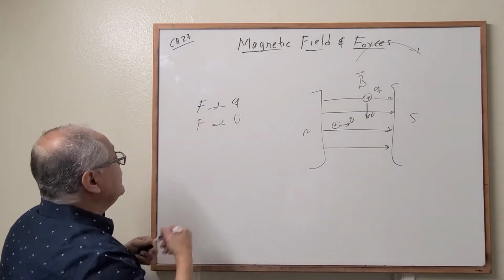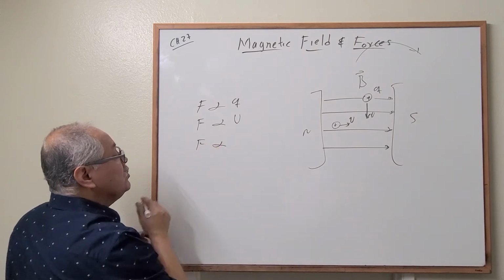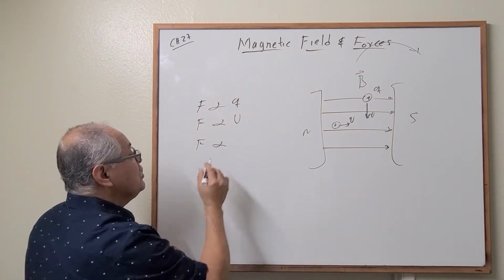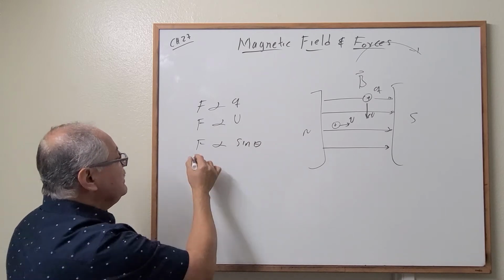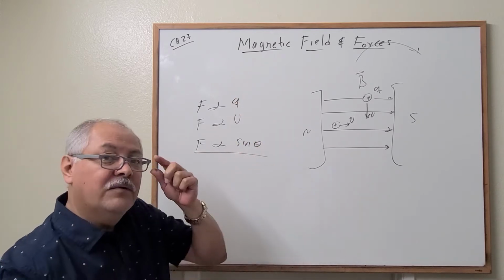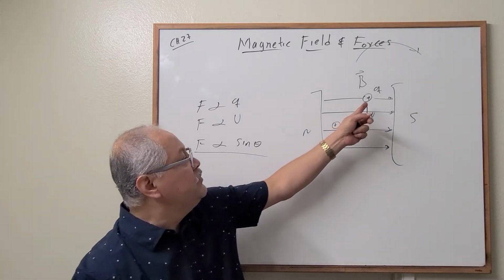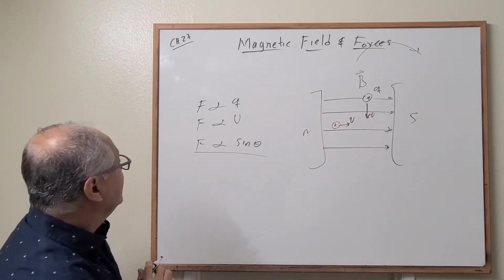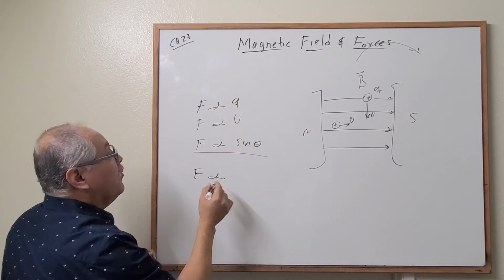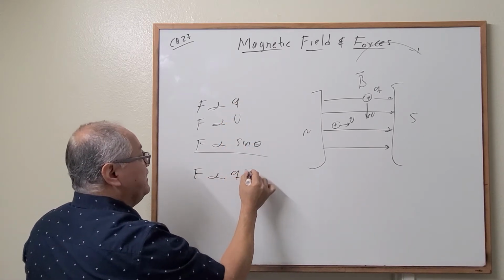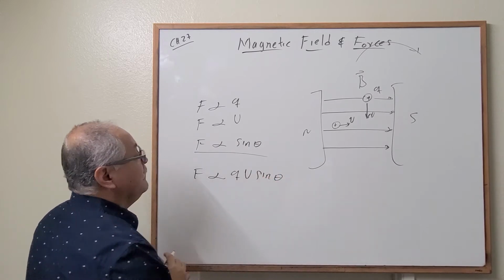So this force is also proportional to the sine of the angle. Remember, these are factors for the force experienced by this charge. Then we can multiply all of these factors, so the force is proportional to charge times v times sine theta.